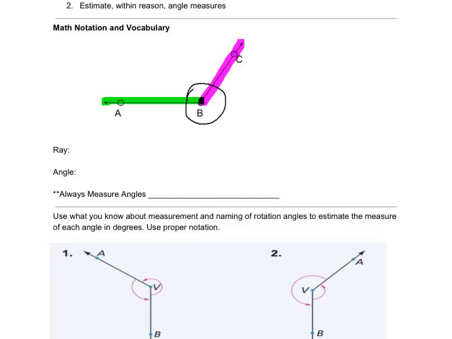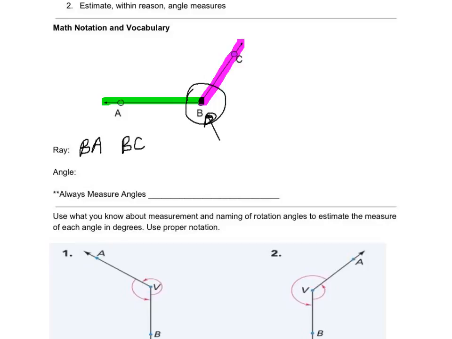So to properly notate the two rays that create this angle, we always start from that midpoint, or the point that they share, that vertex. So we have a ray called BA, and then we have another ray that's called ray BC.